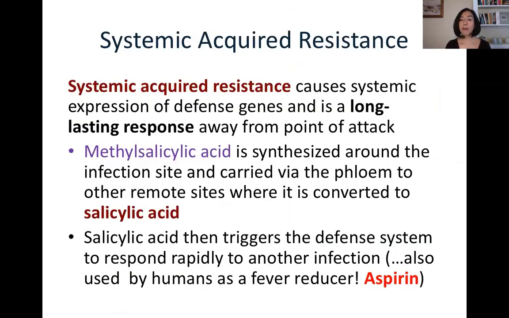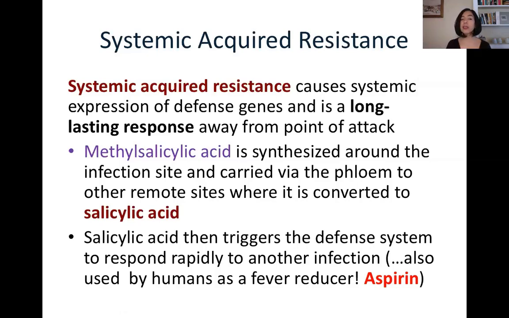The very important thing that happens in this systemic acquired resistance is that it's going to create a long-lasting response, and it's going to require the synthesis of methylsalicylic acid. So the methylsalicylic acid is the secondary metabolite that is synthesized during the infection, and it's going to be transported through the phloem. And as we have covered in the past, the phloem is allowing the movement of photosynthates, but also other things.